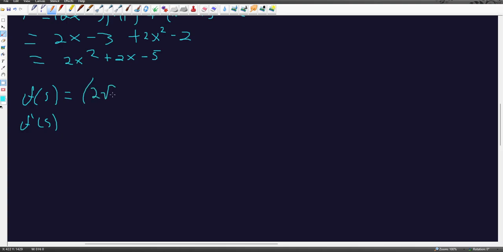The first function is going to be 2 times square root of s plus, let me end it, plus 1. The second function is going to be 3s. Okay, so let's put them in order. 3s times 2 square root of s plus 1.